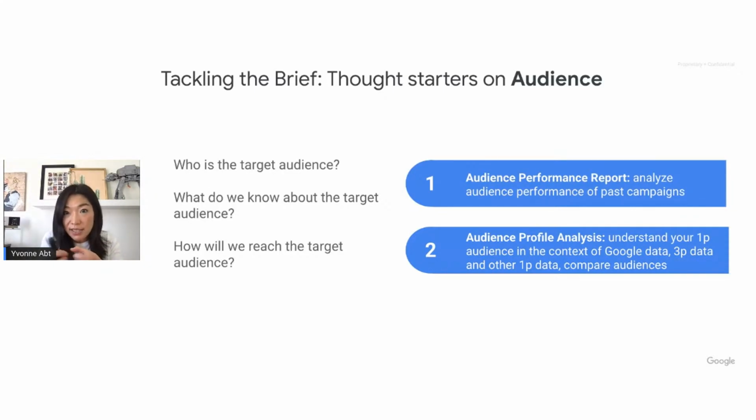And with that seed list, it will output for you all of the different affinity audiences that index really highly against this list that you've put into the system. And again, this gives you ideas for audiences that you may want to target and test against.